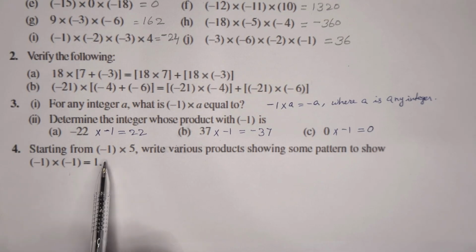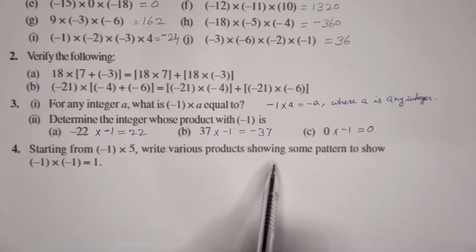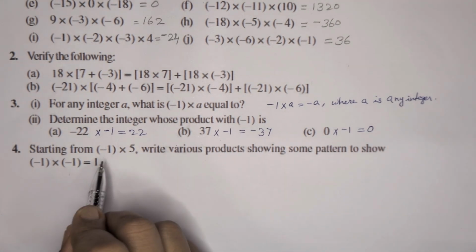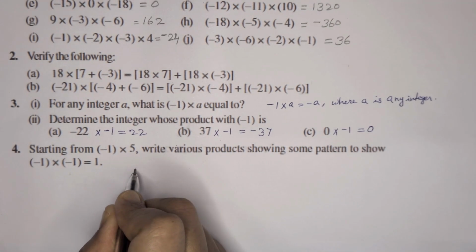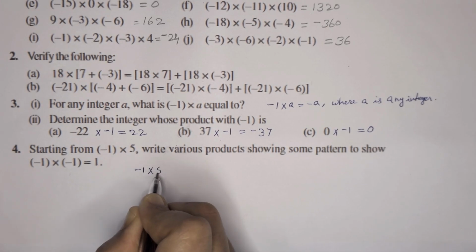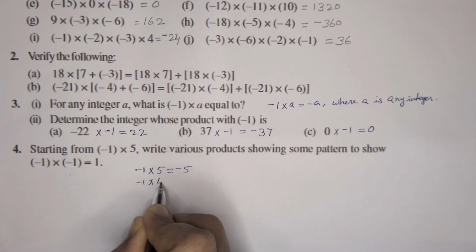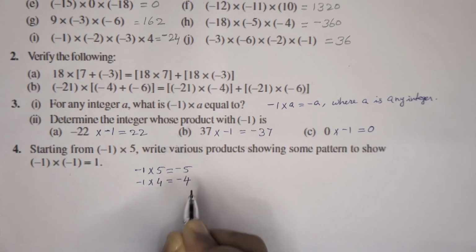Fourth question, starting from minus 1 into 5, write various products showing some pattern to show minus 1 into minus 1 is equal to 1. Starting from minus 1 into 5, we know that minus 1 into 5 is equal to minus 5. Minus 1 into 4 is minus 4.